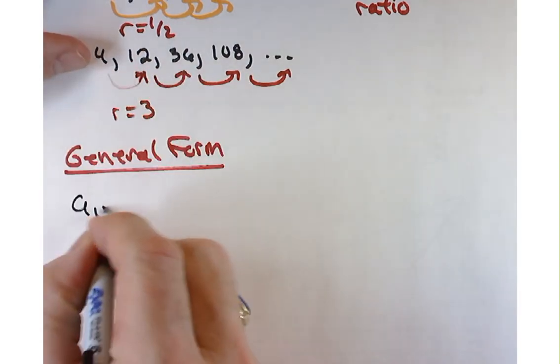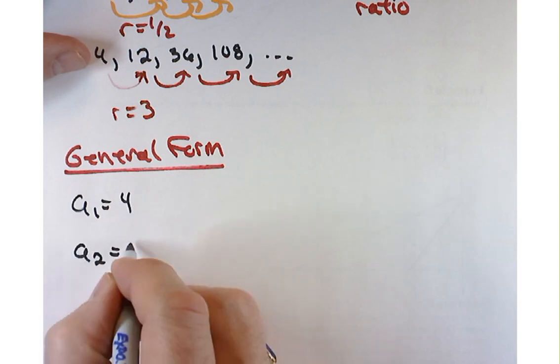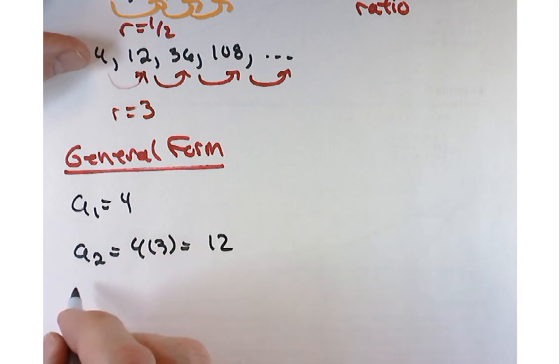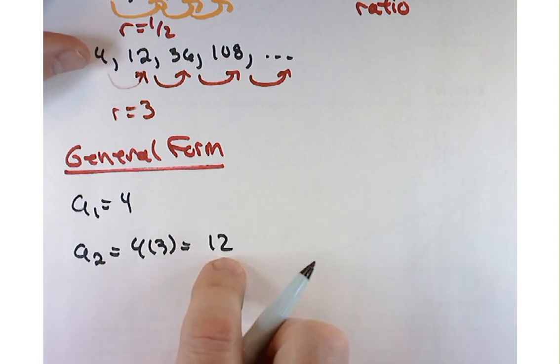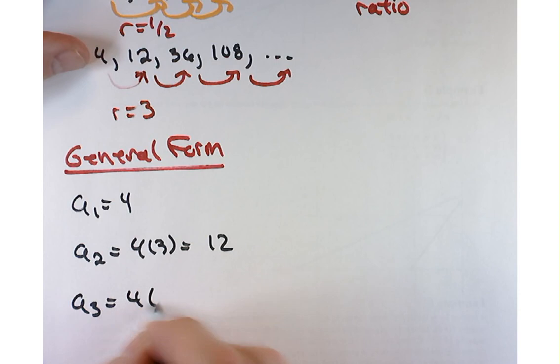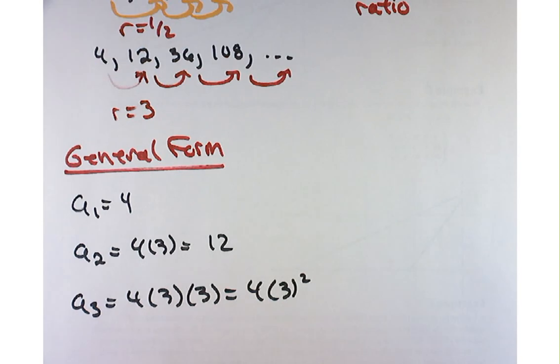A sub 1 was 4, then a sub 2 was 4 times 3, which gave me 12. And you know, I don't need to write it as 12, let's just leave it as 4 times 3. A sub 3 was 4 times 3 times 3 again, which is 4 times 3 squared.